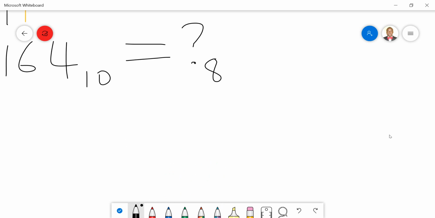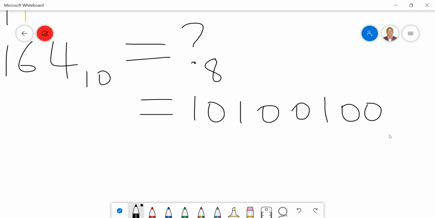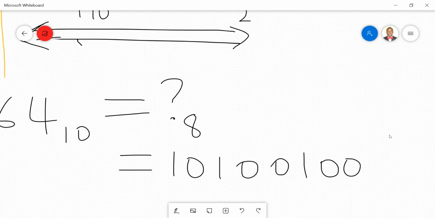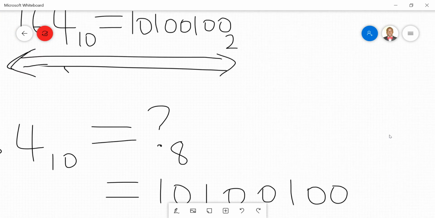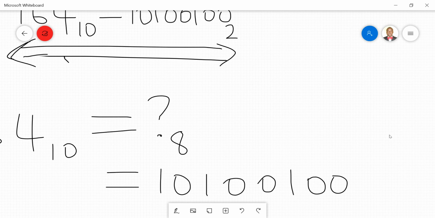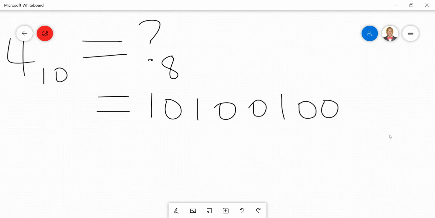So if you still remember, the answer for 164 base 10 to its equivalent binary number was 1 0 1 0 0 1 0 0.